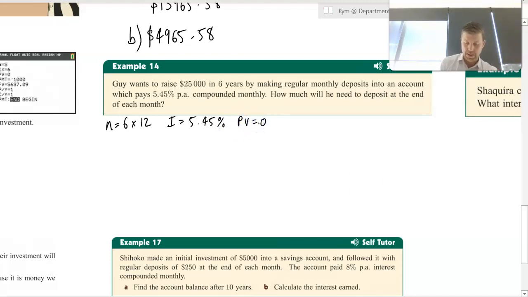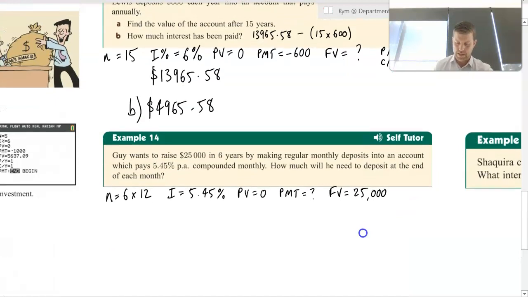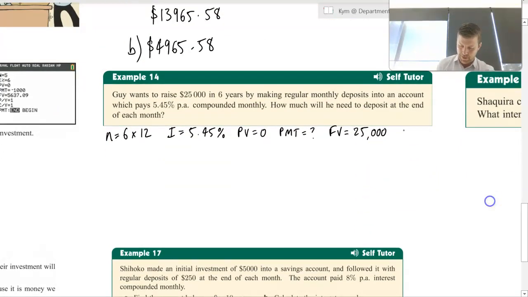PMT is what we actually are asking it to calculate for us. The future value is actually given to us in this case, $25,000. And of course, the last thing, PY and CY will both be 12, because there are 12 interest payments per year and 12 compounding periods per year.